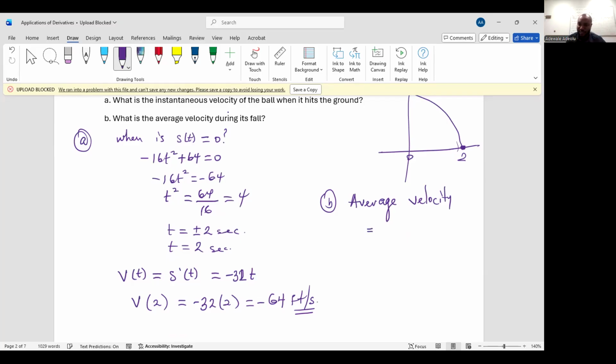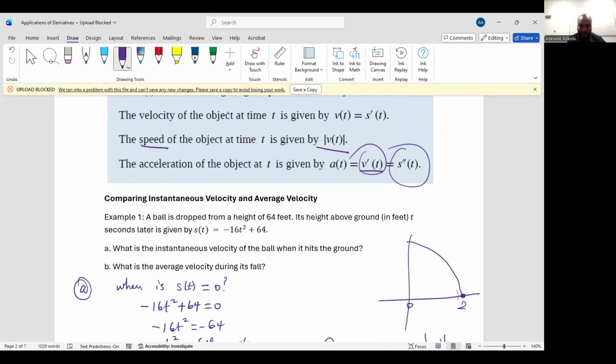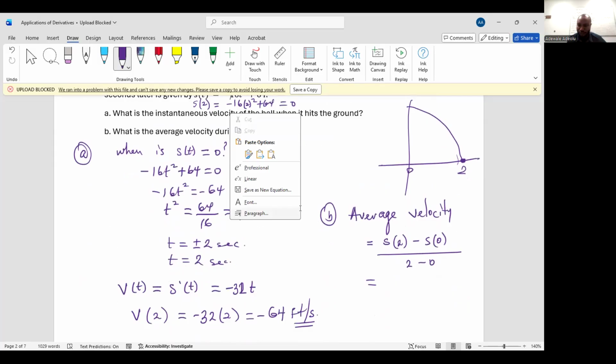So that is giving us the distance evaluated at 2 minus the distance evaluated at the starting point, because we are considering the entire journey, not just the point 2. So if we evaluate S at 2, what is S of 2? That is negative 16 times 2 raised to power 2 plus 64. That is 0.